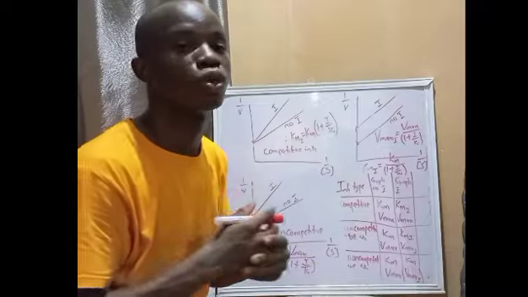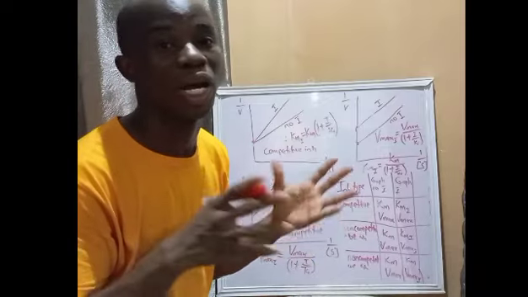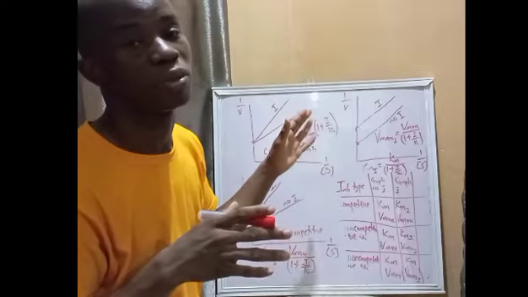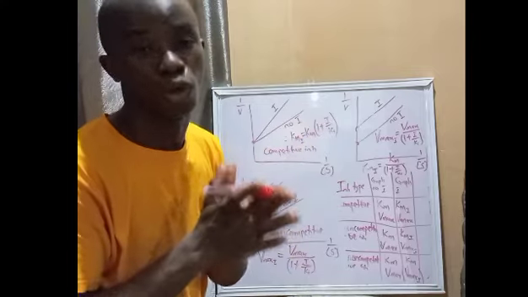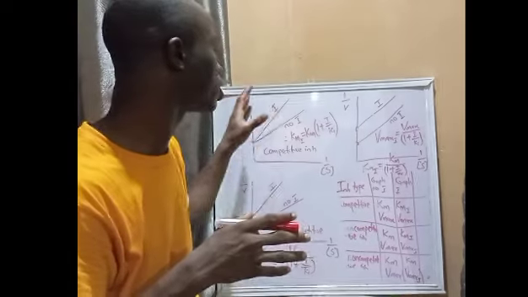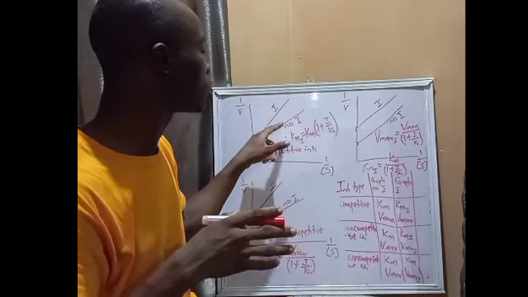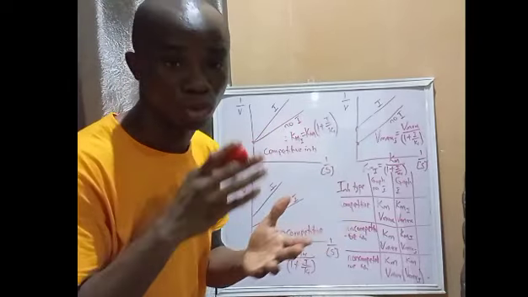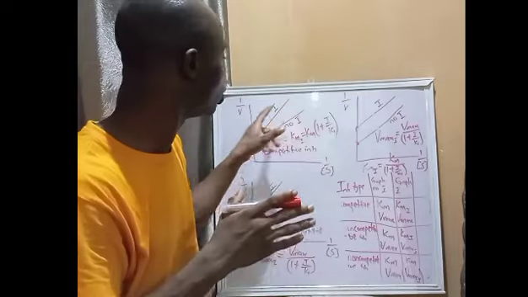And I also want to refer you back to the previous video where I discussed how to get Km and Vmax from a Lineweaver-Burk plot, so that you can also have an idea on how to get the Km value for each of these lines that you have. At the same time, how to get both the Km and the Vmax for each of these lines.